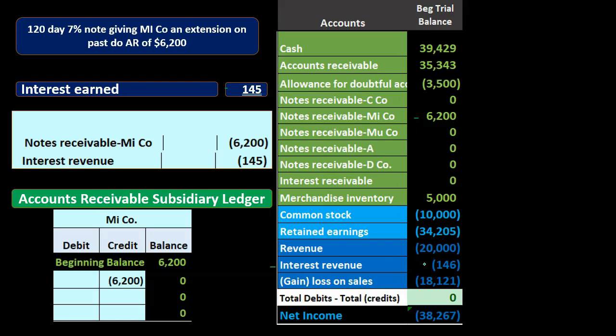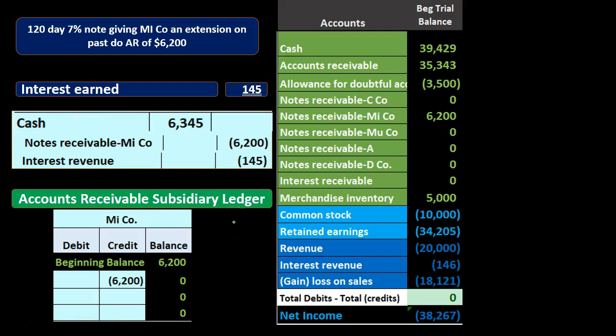So we'll increase revenue, increase the net income. Note that this revenue is not going up because we made a sale, but because we loaned money. We loaned money and time value passed, therefore we generate revenue from it. The debit to cash then will be the $6,200 plus the $145, or the $6,345.